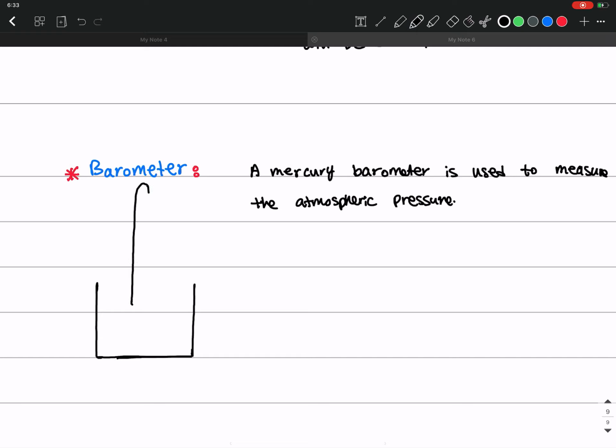And there is a reason we have mercury and not water, and we are going to discuss that for measuring atmospheric pressure. Okay, so the mercury comes up to here.